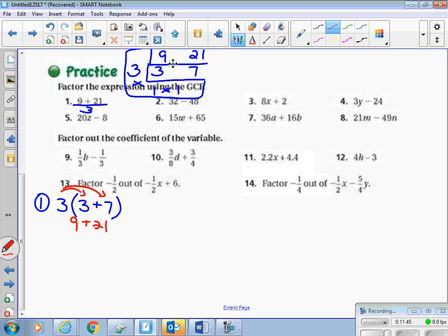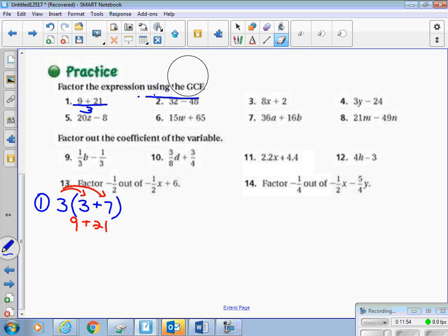If I do number 5 with you, I'm looking at what do 20 and 8 have in common. So we could do the ladder method again. Since that's something new, that's what I'm going to keep using. 20 and 8. What can go into 20 and 8 evenly?